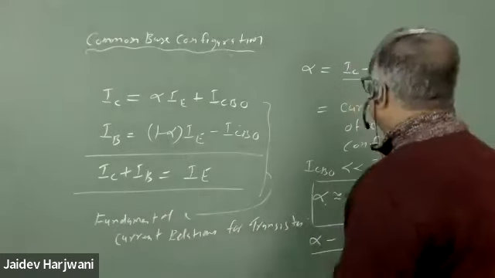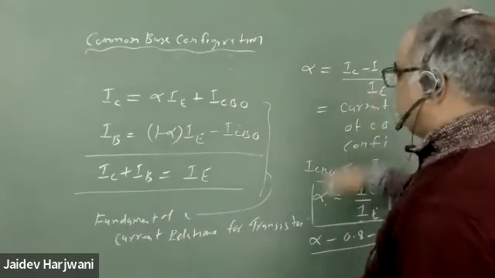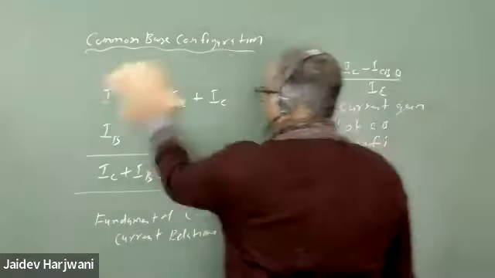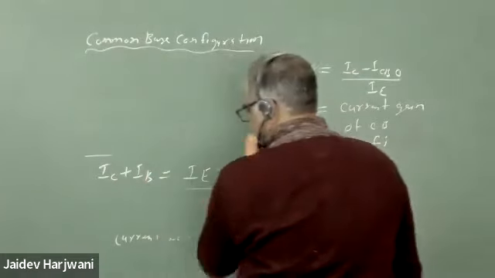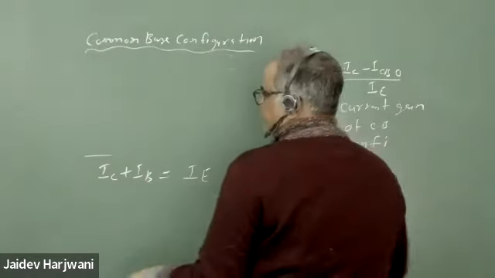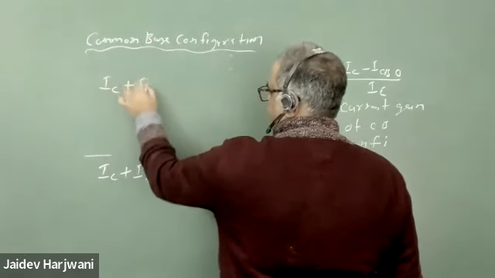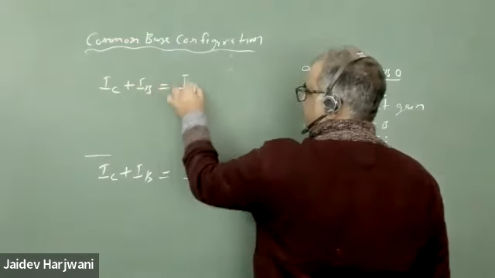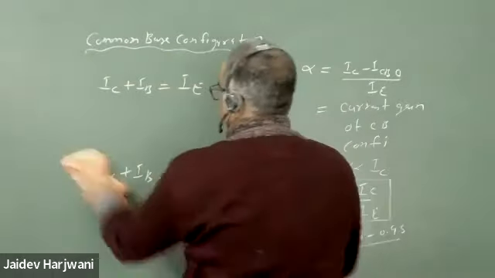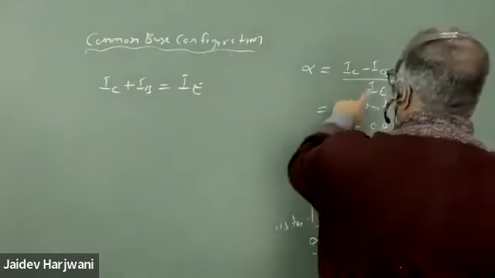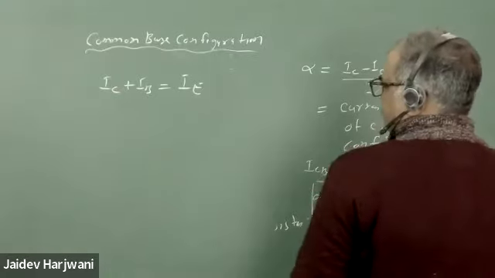Now I know that my current equation is IC plus IB equals IE.